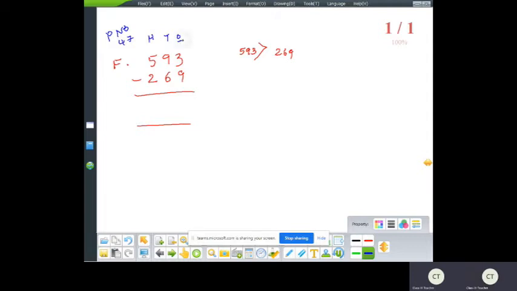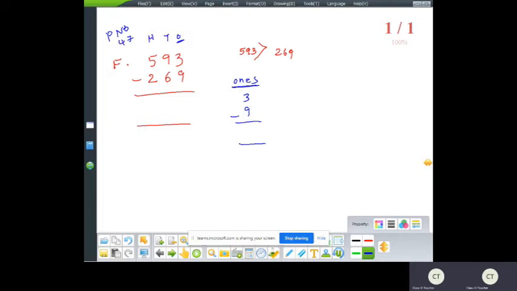Now subtracting on ones. The digits under ones are 3 and 9. 3 minus 9. The digit 9 we cannot take from 3, because 9 is bigger than 3.